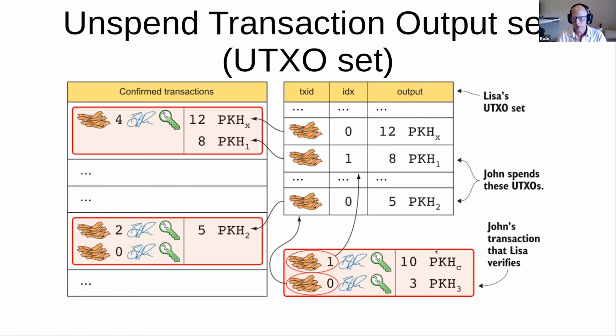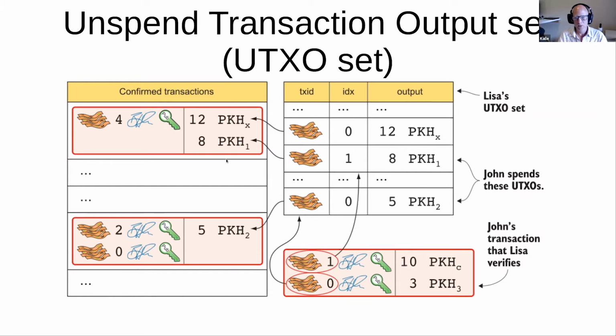So when Lisa receives this transaction from John, this is the new transaction that John created, and these are the old transactions that are being spent. So Lisa keeps this UTXO set, and in this table she keeps all unspent transaction outputs that are available in this spreadsheet.